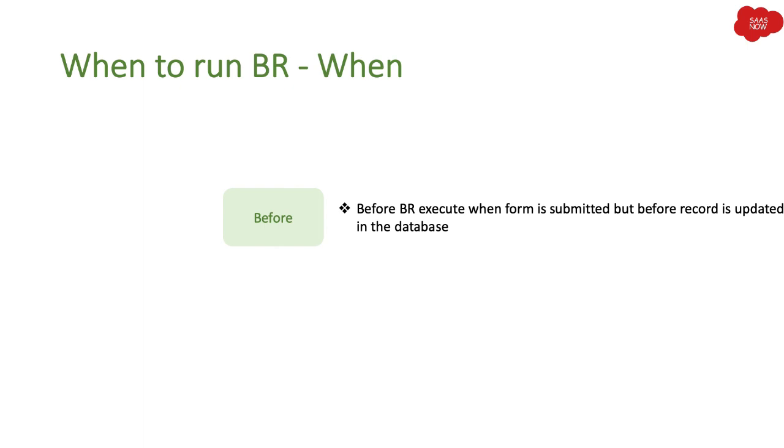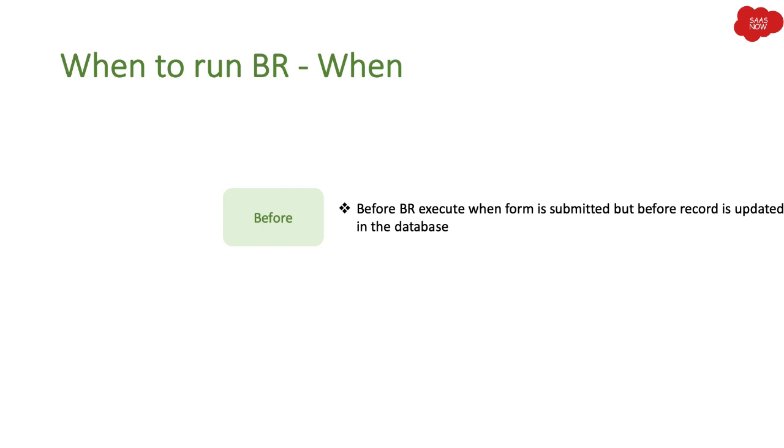It's similar to a bot that checks something before it gets inserted. If I'm filling up the fields in a ServiceNow incident and I want some validation, and that validation is not met, then I abort the action, or I put an alert for the user. That is what it does.